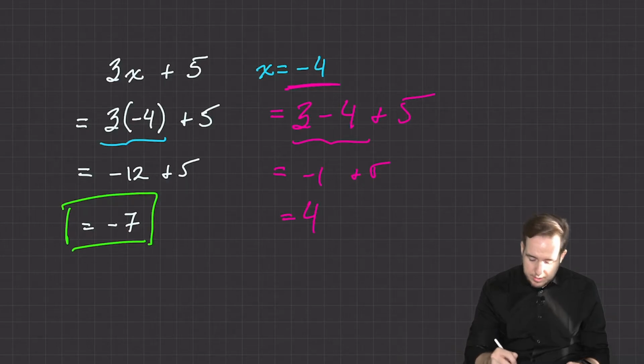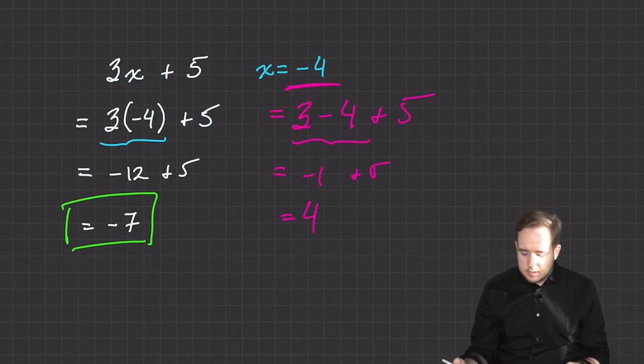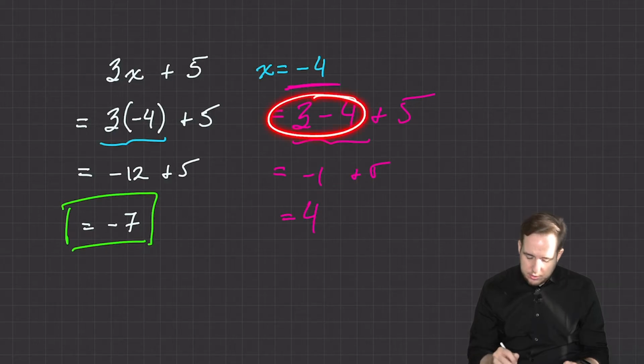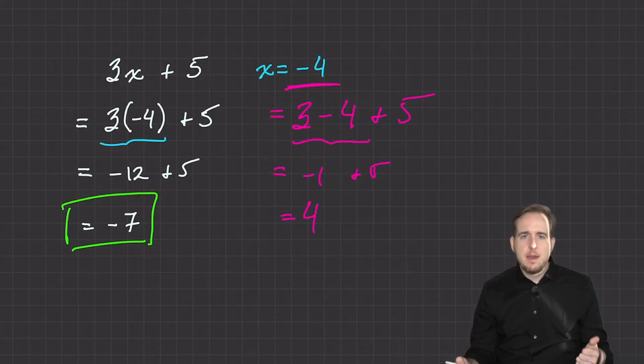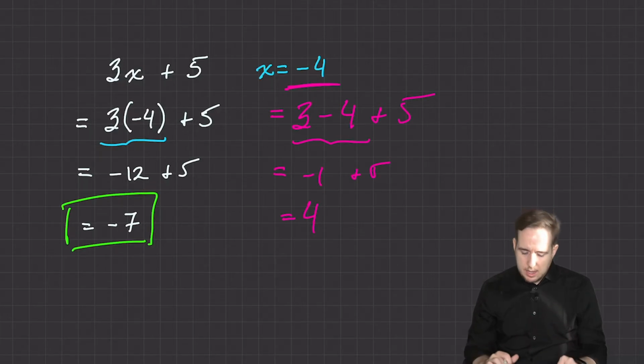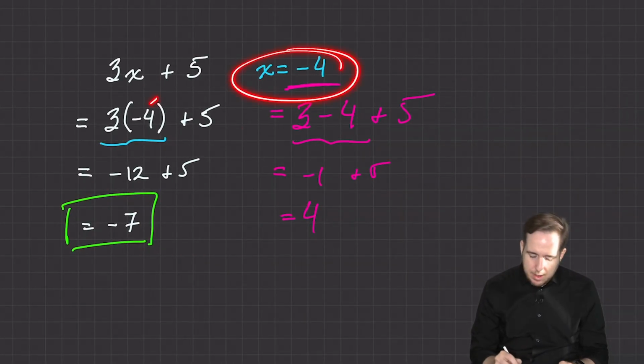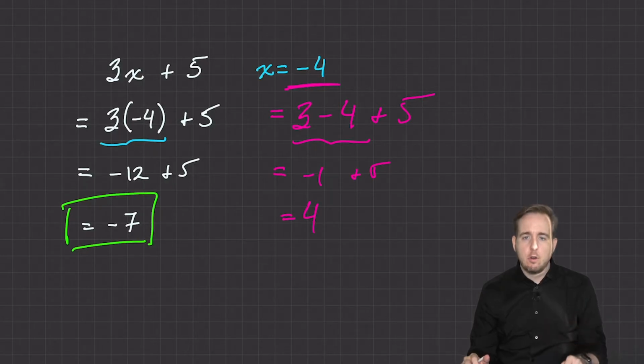You can tell from the way this is written, this is supposed to be multiplication, and without the brackets, the negative made it look like subtraction. And even if I knew it was 3 times minus 4, and I managed to write the minus 12 and got the right answer, somebody who looked at this work later would say 3 minus 4 equals minus 12. They would see that as a mistake. So anytime you substitute and it's a positive number, it doesn't really matter. But if there is a negative number, you have to have brackets when you substitute, otherwise that's going to cause you to make mistakes.